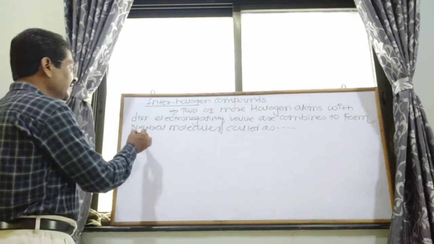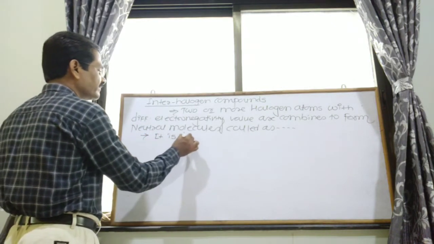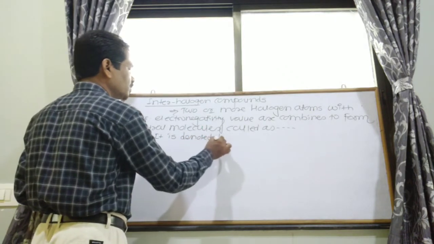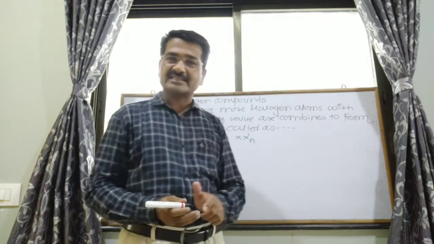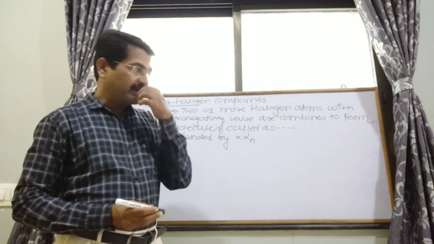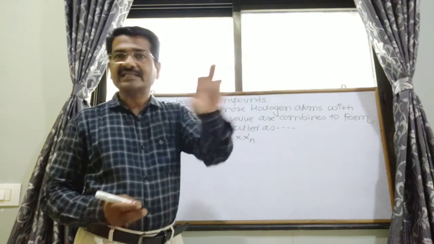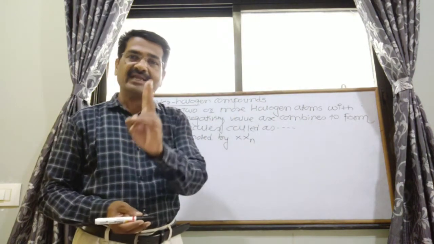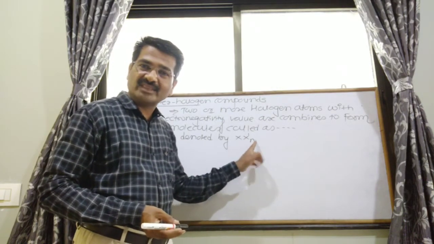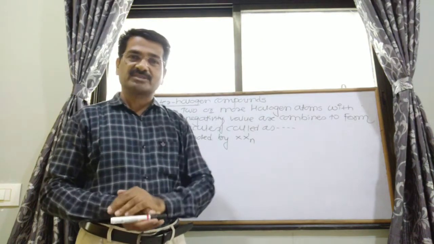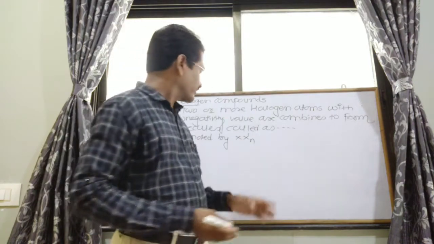Generally, interhalogen compounds are denoted by XX'n, where X is one halogen and X' is another halogen having a different electronegativity value, and this small n indicates the number of halogen atoms linked with the basic or parent halogen atom.